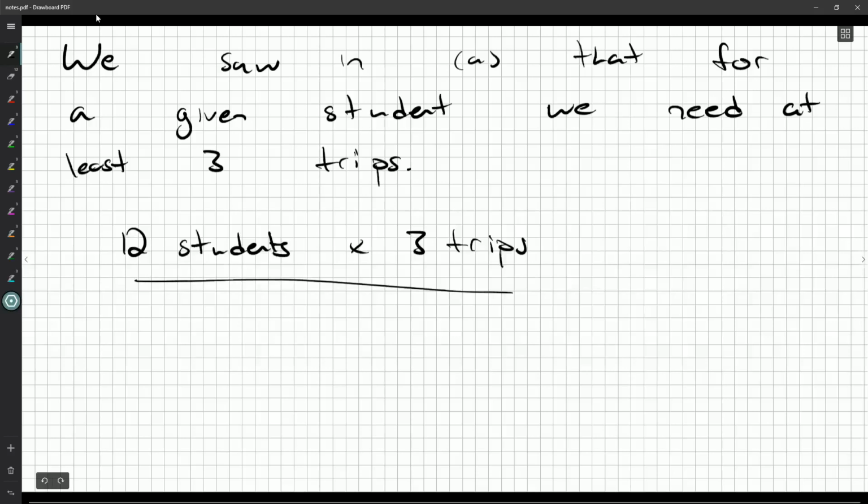Because each student could either be the student that we're looking at, the given student, the Jeffrey, or the student could be the Lisa to another student's Jeffrey, that sort of thing. So divided by 2 students in a pair.